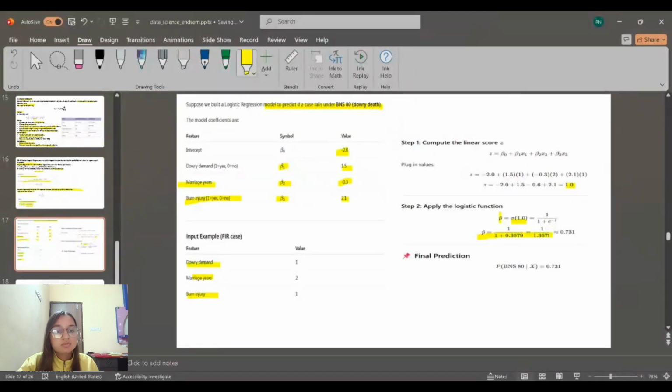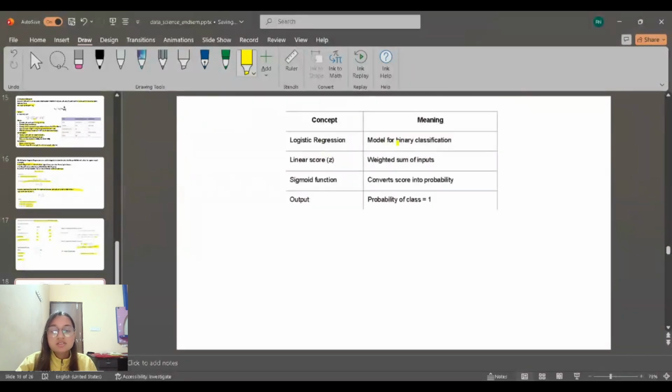By calculating p̂, we get the value 0.731. Final prediction: P(BNS 80 given X) = 0.731.